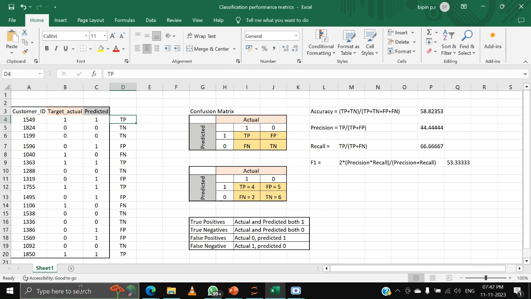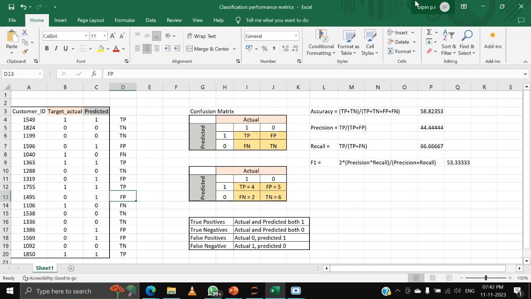Once again, take this one. This should be positive, but predicted as negative. So it is false negative. It should be positive actually. See here, we should have negative, but predicted falsely as positive.